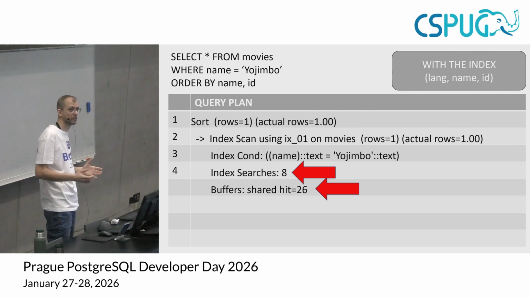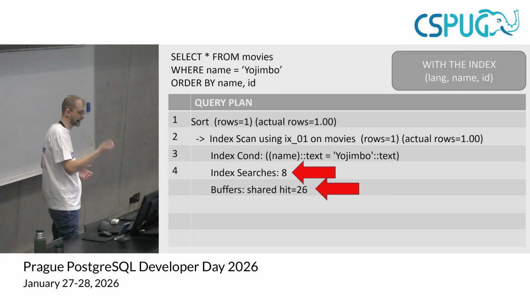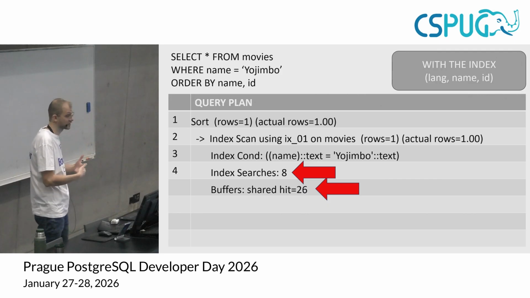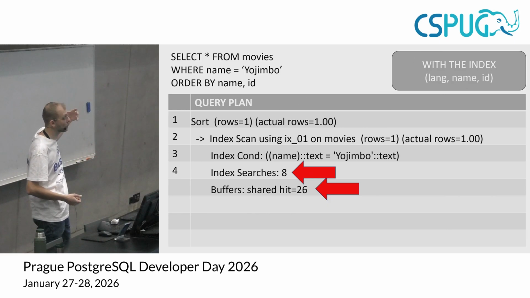And index skip scan works in a very easy way. I have 57 distinct languages, and Postgres actually does an index scan for every value. So it's like 57 times doing the scan. But because Postgres is smart, if you have multiple languages on the very next page, you can satisfy multiple languages by one index navigation.